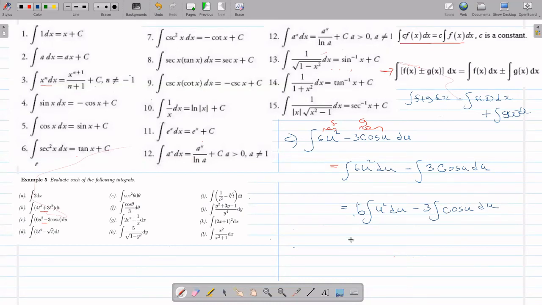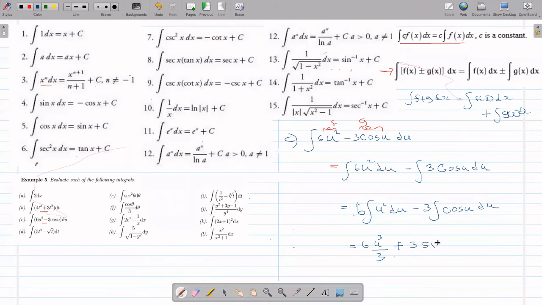Okay, now 6 here I can apply the xn one, no? That is 2 plus 1 is 3, u cubed over 3, n plus 1, no? To n is 2, plus 1 is 3. Here 3, integration of cos is sine, no?